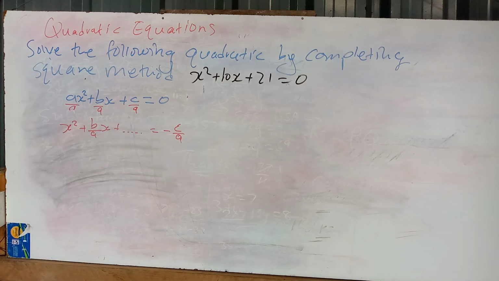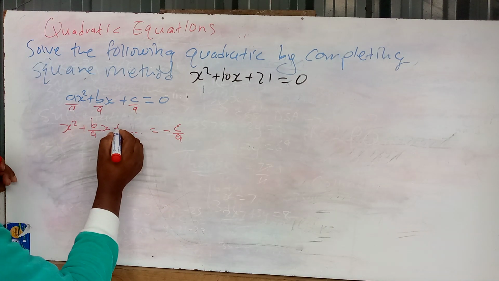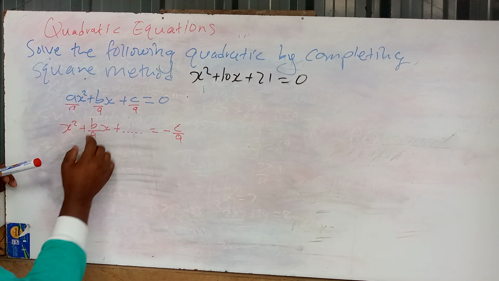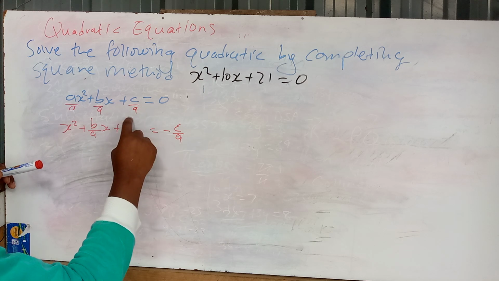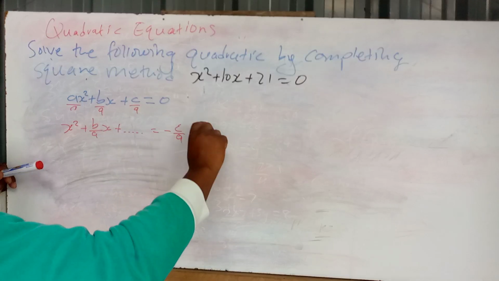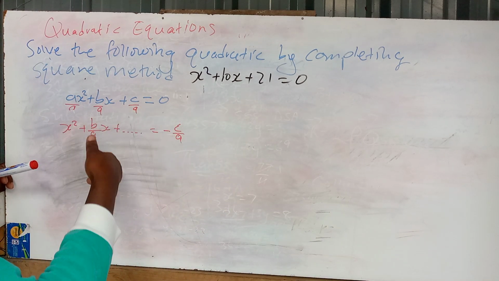all over a. Now, the completing the square method dictates that we divide this by 2 and then we square and we add it here. Adding it here, then we can add it on the other side so that they can cancel.